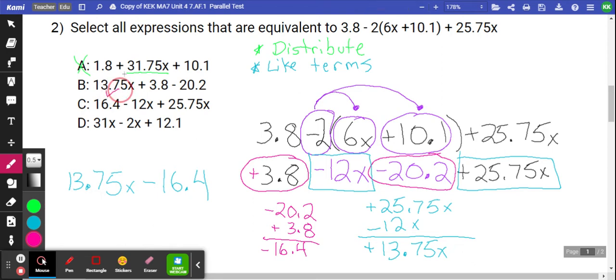So our variable term matches our variable term. And then I see a negative 3.8, which we had, and a negative 20.2. So our constant terms also match this expression. They just didn't simplify it all the way. So B is correct because 13.75x is the same, and positive 3.8 and negative 20.2 are the same.